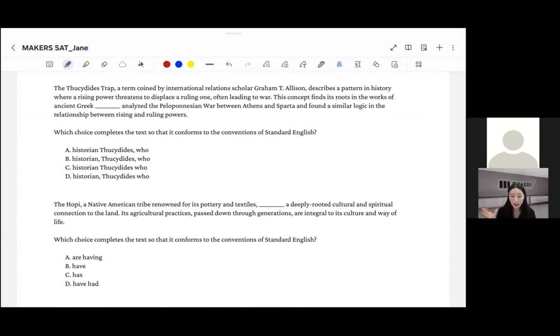Looking at A, B, C, and D, what we have to do is choose the right punctuation based on knowing what information is essential and non-essential. So we are given this information: Greek historian, this person, and who, and so on. So this is what we have.